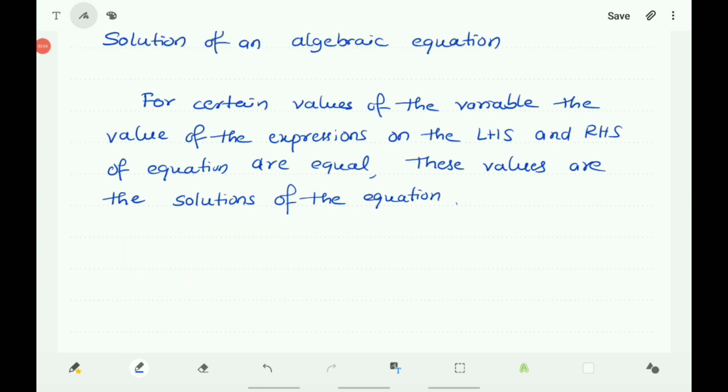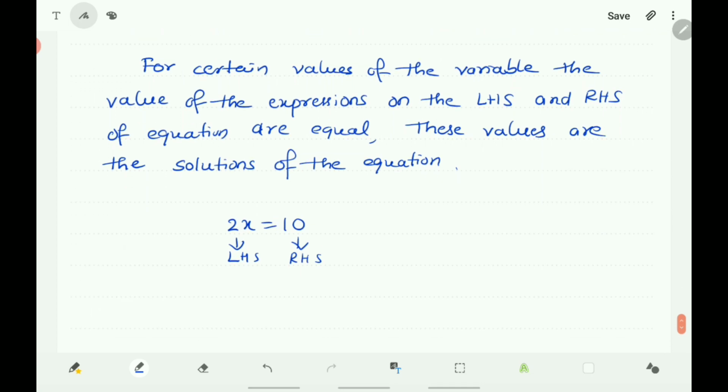Let me take one example. 2x equals 10. Here LHS is 2x and RHS is 10. And for what value of x does LHS become equal to RHS?